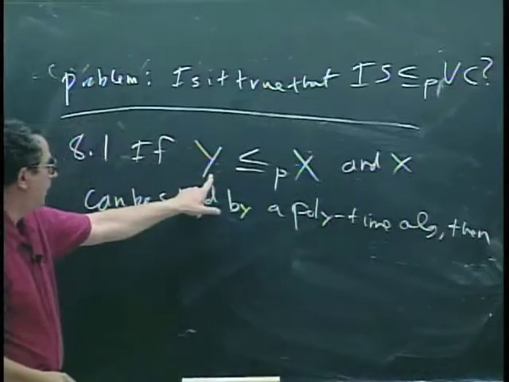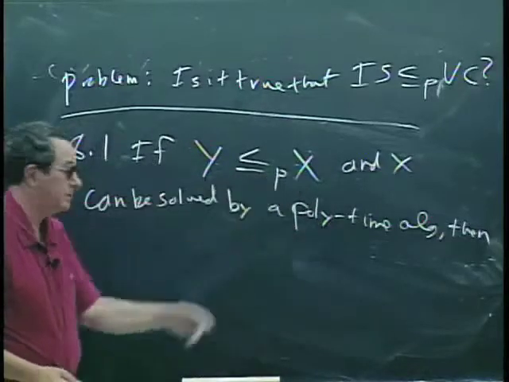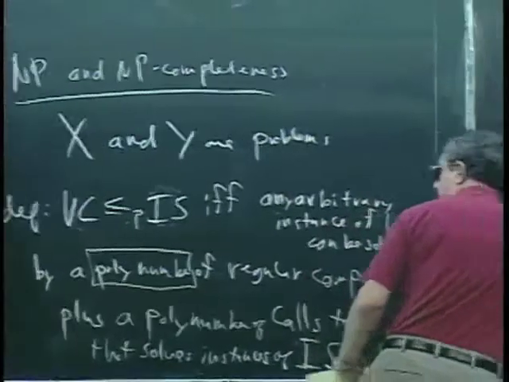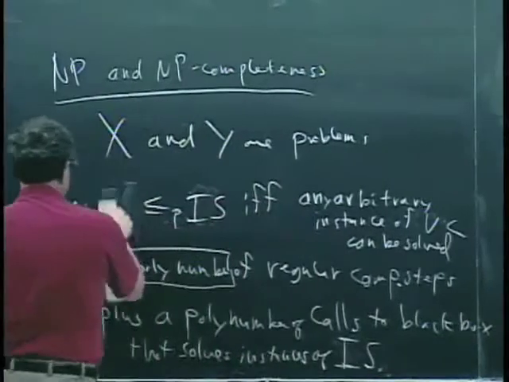So y can reduce in polynomial time to x. That's according to this definition of what it means. And now I'll put back the abstract. This is y and x.